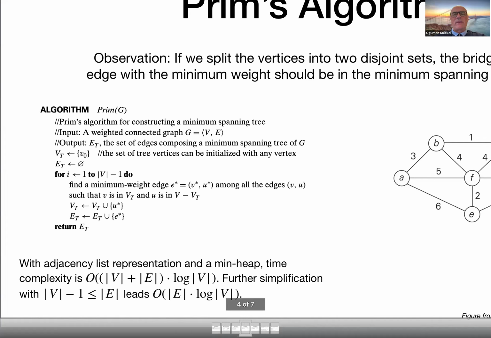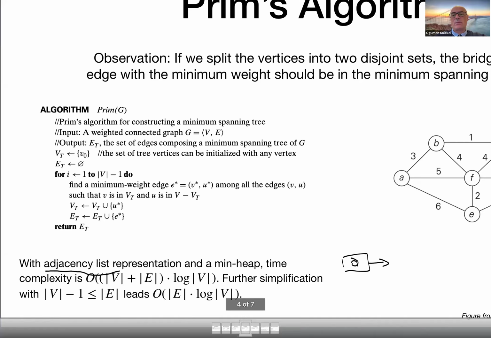I will be representing the graph as an adjacency list, okay? Remember, with the adjacency list, every vertex has a list of neighbors. Let me say A has a list of neighbors.